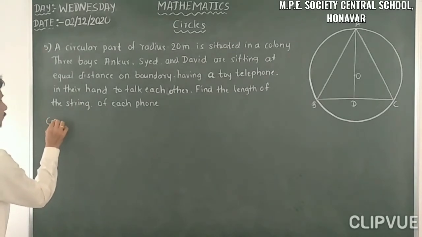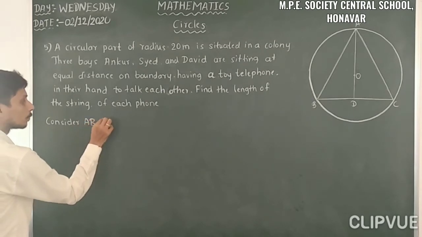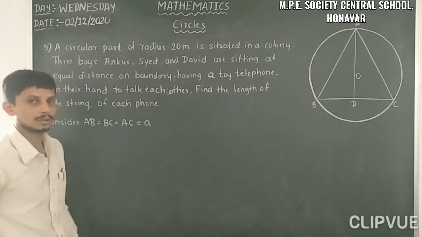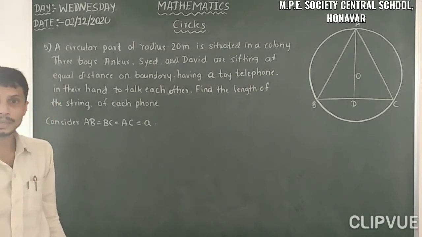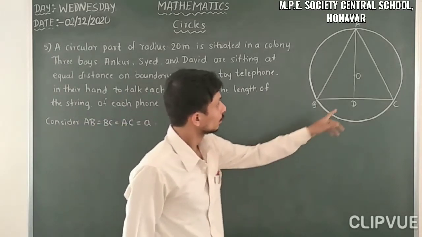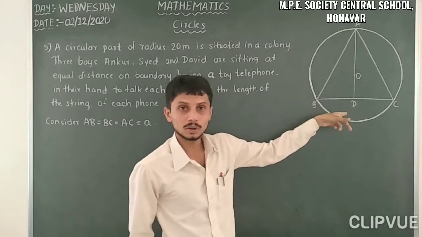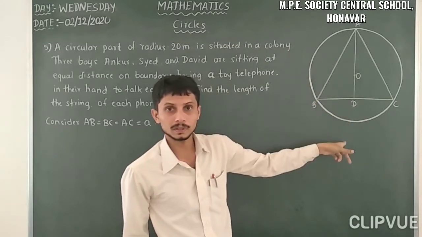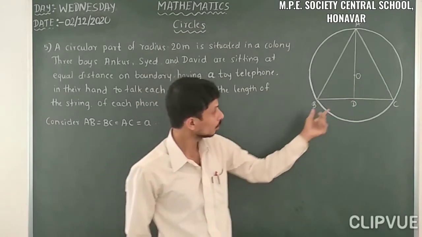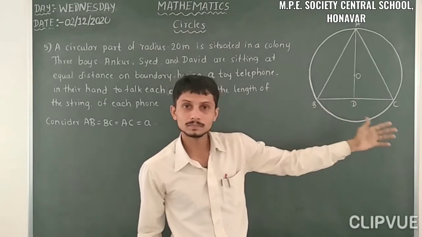So consider AB is equal to BC is equal to AC is equal to A. And here just observe OD. Here we joined AOD, AD we joined. It's a perpendicular. When we join OD here, it becomes a perpendicular bisector for this chord.